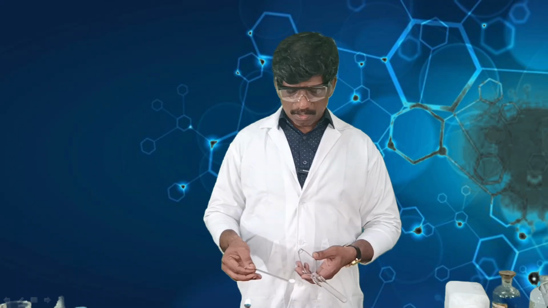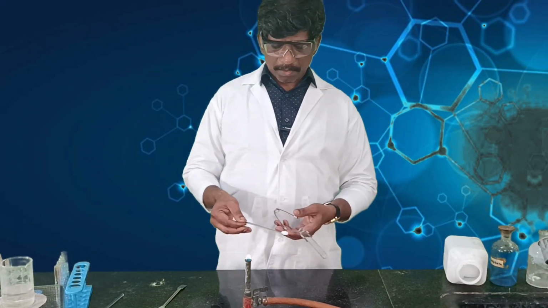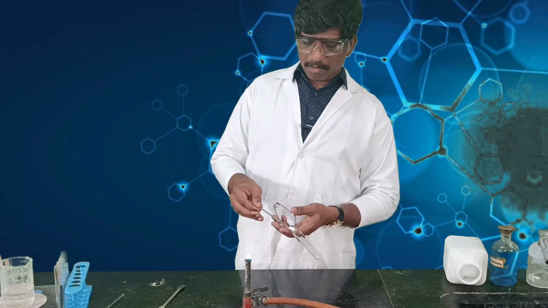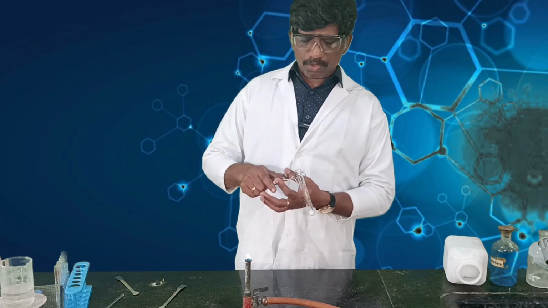Now we shall see the confirmatory test for amides. Once you get the positive result in soda lime test, the compound may be diamide or monoamide. The presence of diamide may be confirmed by the following test. Now we are going to do the biuret test.